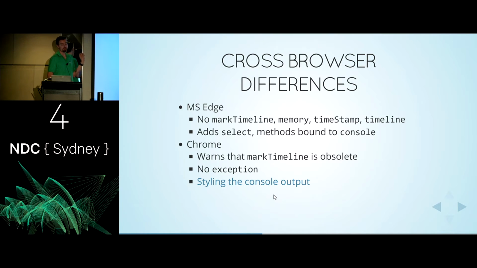Chrome also gives you a warning if you use mark timeline to try and put profiling points in, that's been obsoleted. It's actually been replaced by timestamp. I'm not quite sure the reasoning behind that, they've changed mark timeline and renamed it to timestamp. Chrome also doesn't have console.exception. This appears in both Firefox and Edge.